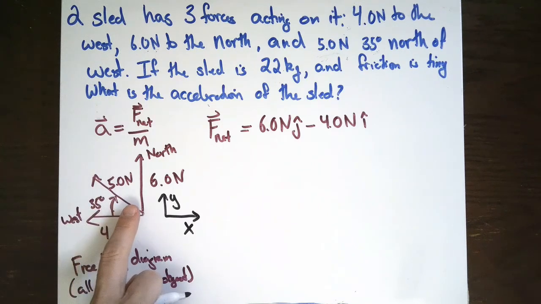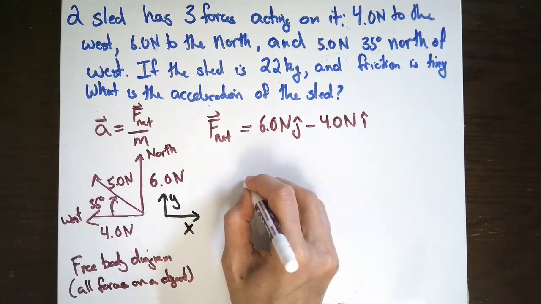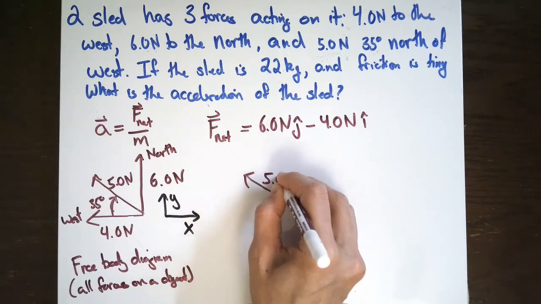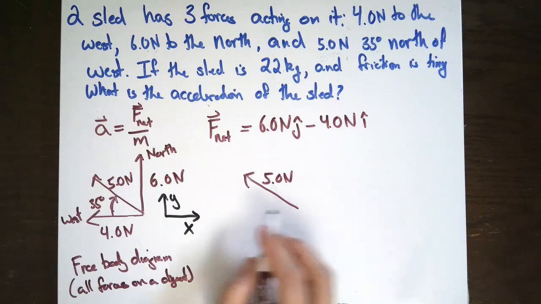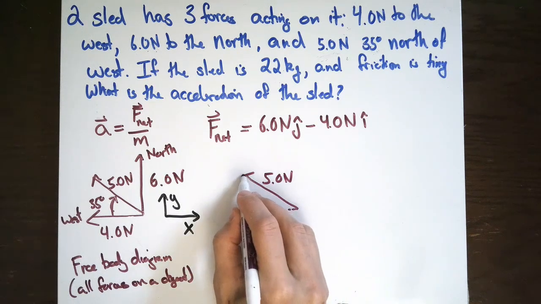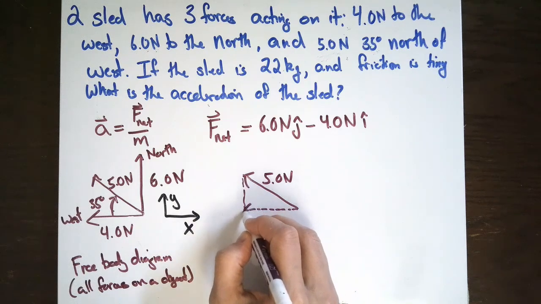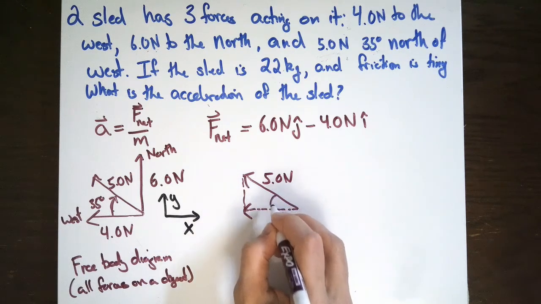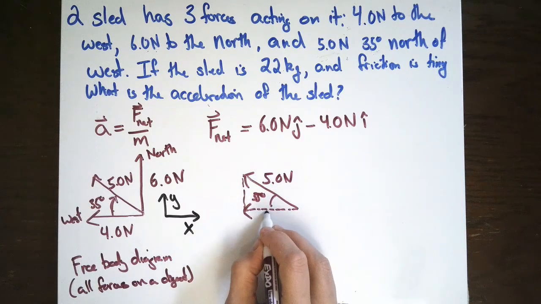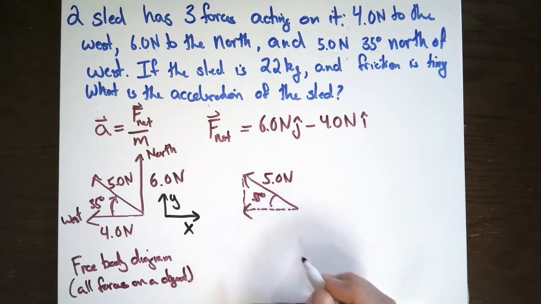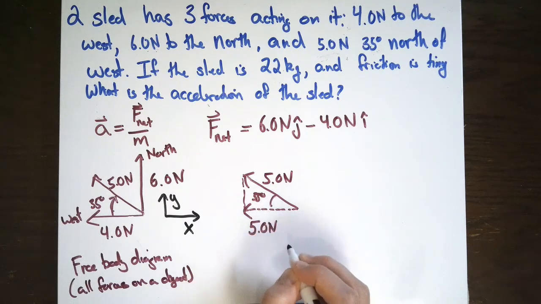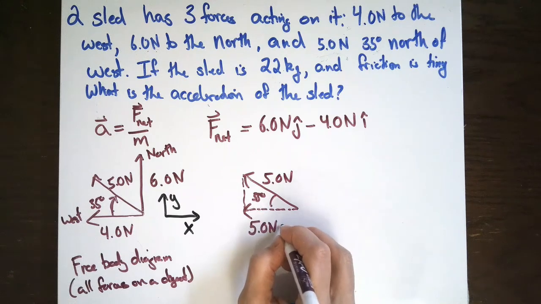So let's go ahead and redraw that triangle. So here is our 5 newton hypotenuse, and it is going to have an x component and a y component, and the x component will point this way. And we know that angle is 35 degrees. So this side of the triangle, which is adjacent to that angle, will be the hypotenuse, 5 newtons, times the cosine.